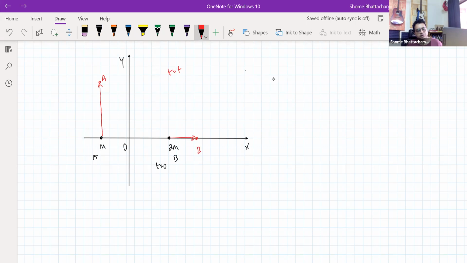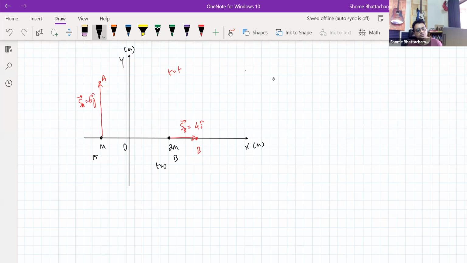So B has moved by a displacement of, let's say, 4 i cap, and A has moved by a displacement of 6j cap in meters.